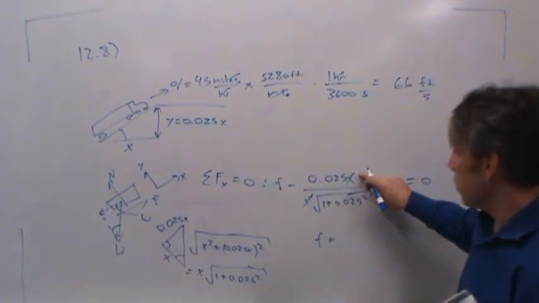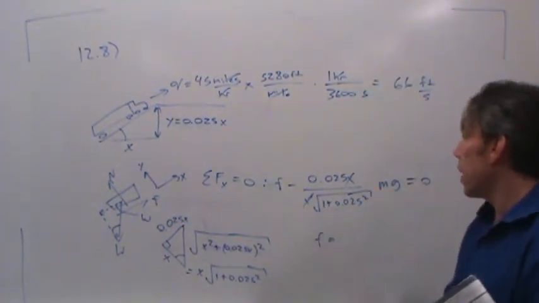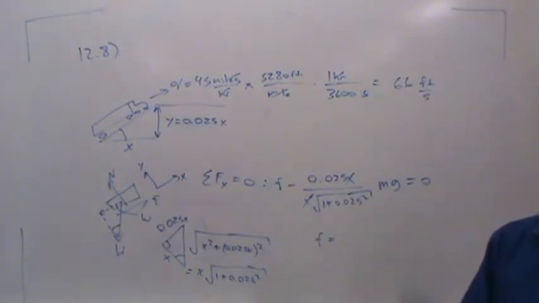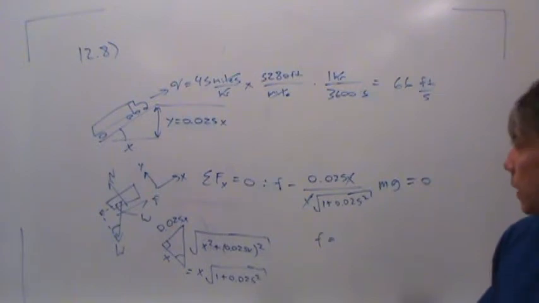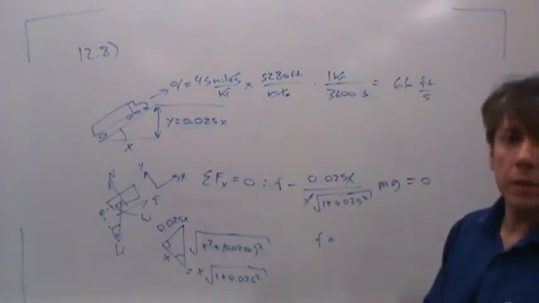So 0.025 divided by root of 1 plus the square of 0.025, square root. 0.025. Yeah, 0.025. That's all I got. That's the answer.